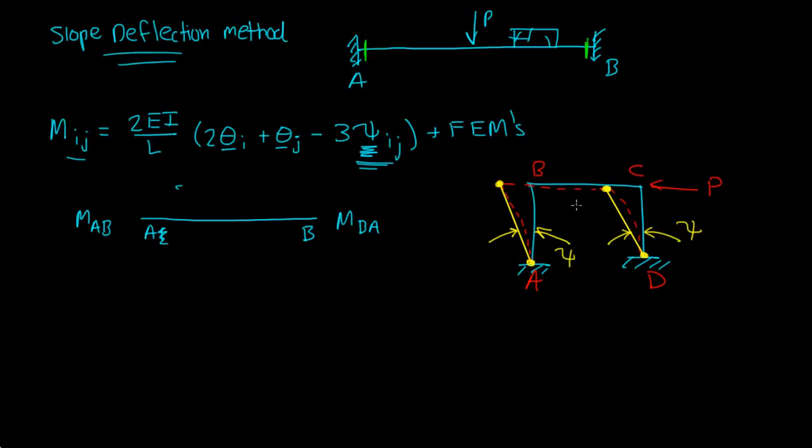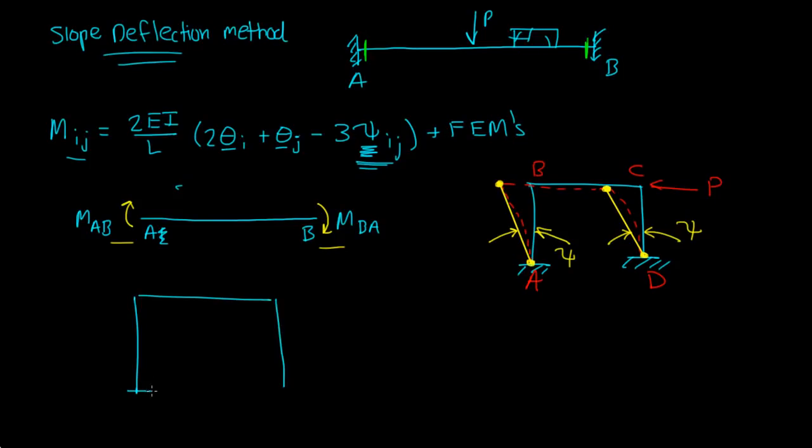Right. The next thing I want to talk about is sign convention. So if you cut this member AB, sign convention for the slope deflection method when you're drawing these moments is clockwise for the ends of the members. Always. This is clockwise, this is clockwise. If you had a frame, you'd probably set up a local coordinate system, right?